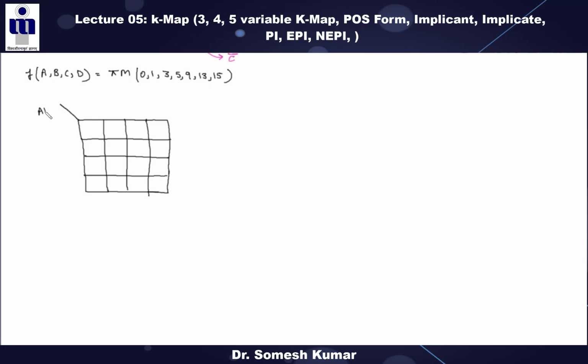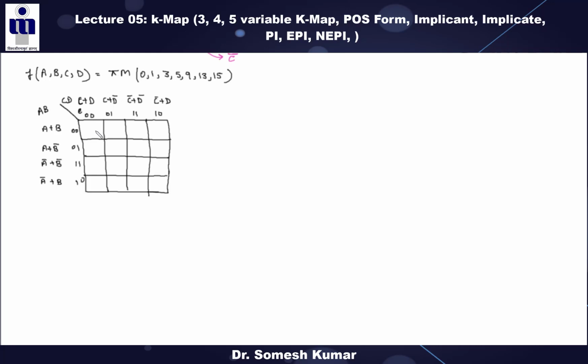So this is AB, this is CD, right? What is this first cell? This represents C plus D, right? Clear?